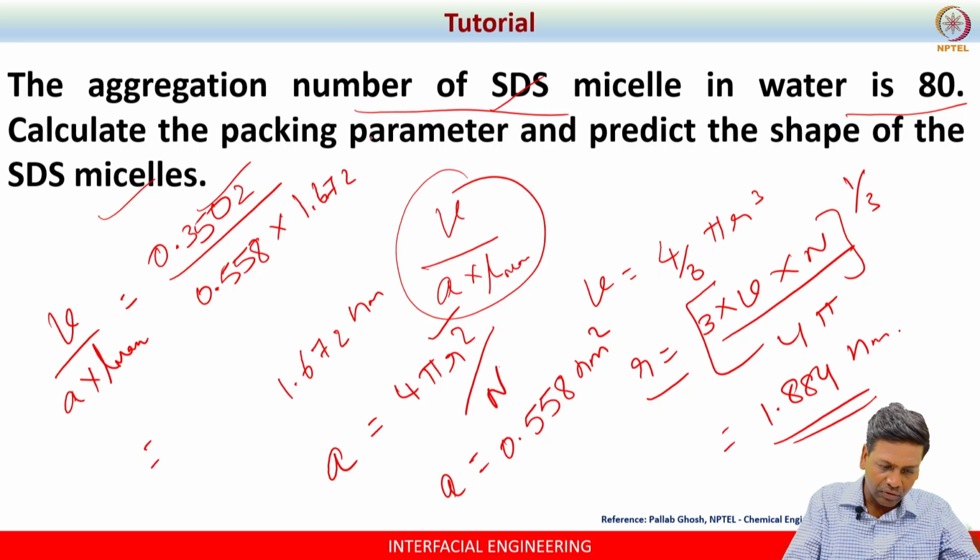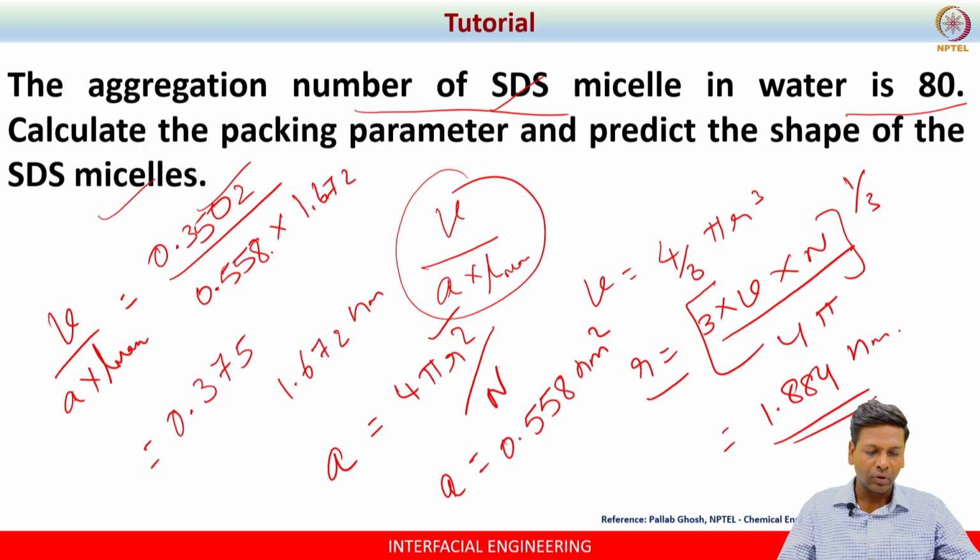So when you calculate this V by A L max, based on the Tanford equation, you get 0.375.